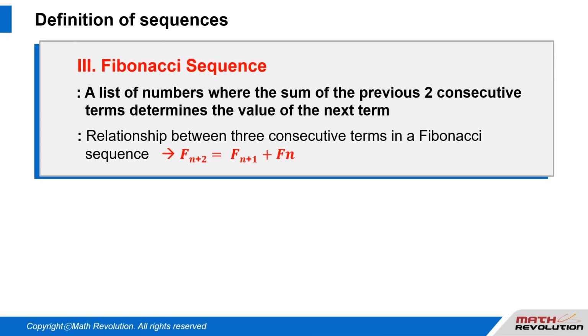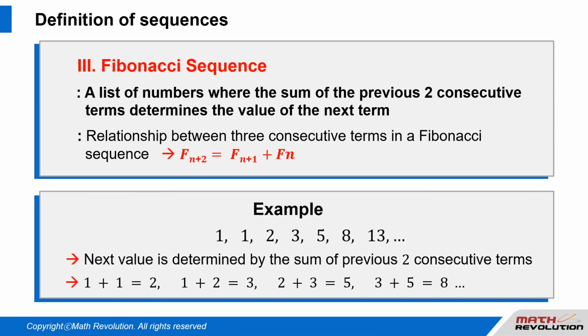Fibonacci sequence. A Fibonacci sequence is a list of numbers where the sum of the previous 2 consecutive terms determines the value of the next term. The relationship between 3 consecutive terms in a Fibonacci sequence is given by f of n plus 2 equals f of n plus 1 plus f of n.